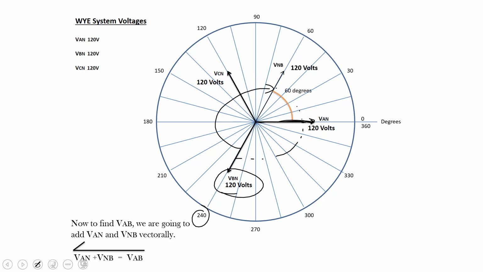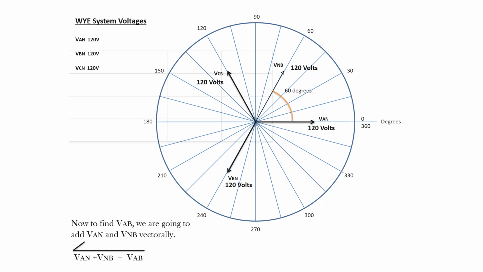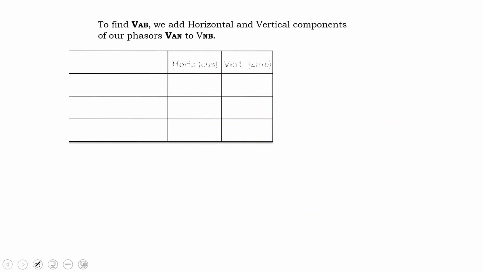Okay, so there's my two voltages that I need to add up: 120 volts at 60 degrees plus 120 volts at 0 degrees. In order to do that, I can make a cosine sine chart. So this is one method. I put the vectors that I need to add up, VAN, which is 120 at 0 degrees, and break that down into its horizontal and vertical components.